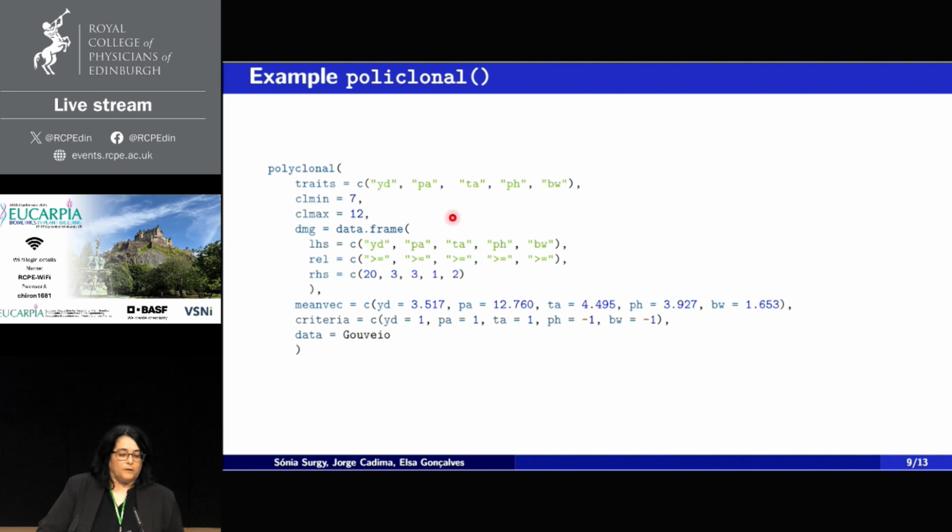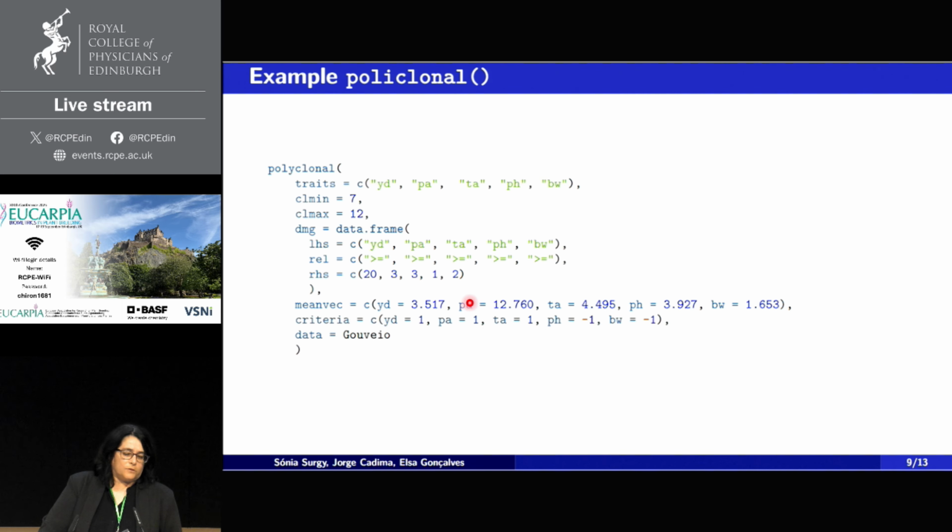It's given as a data frame with 3 columns, the first for the traits, the second for the relation, the sign of the constraint, and the third for the minimum desired gains. Note that here the minimum desired gains are indicated as a percentage of the mean.